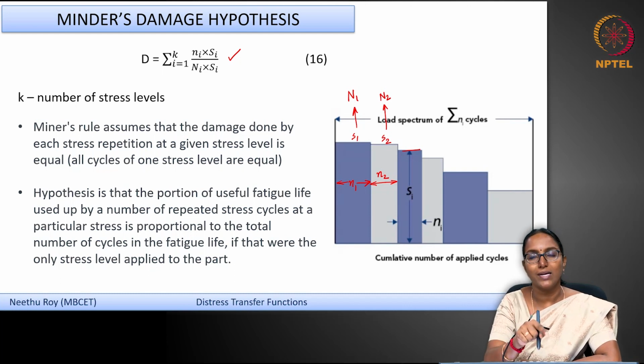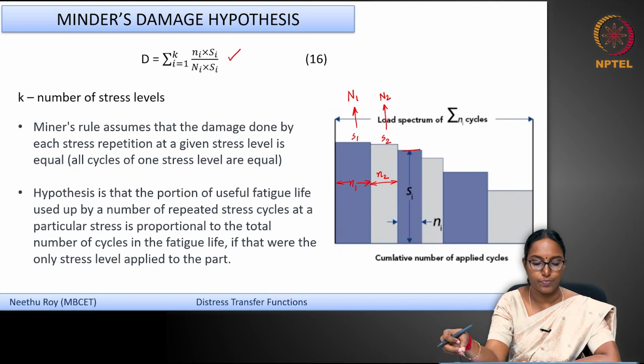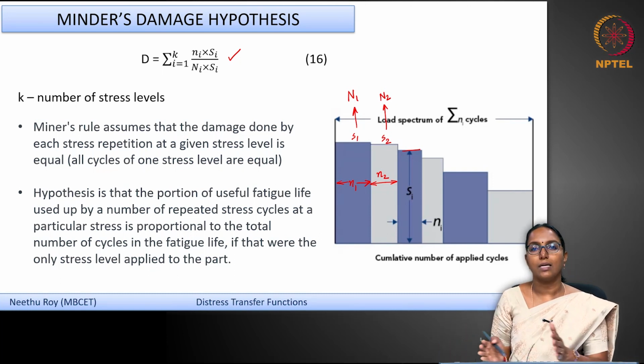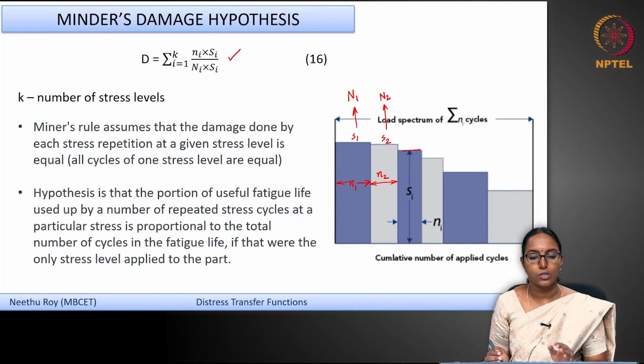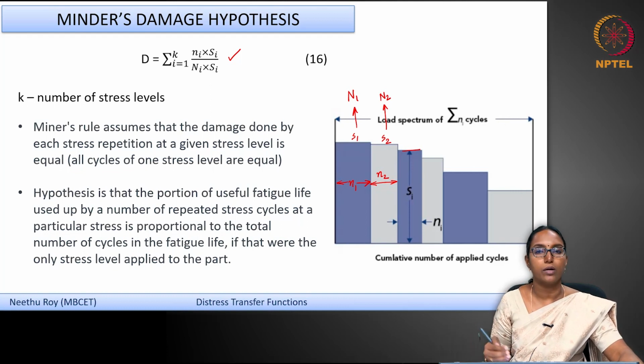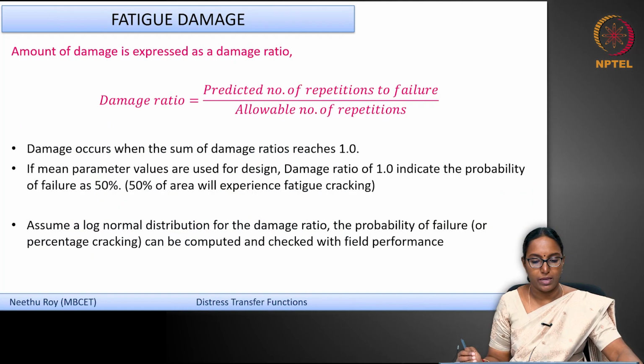If you have one stress level S1, whether it is applied for the first time or for the 10th time, the damage caused at each application remains the same. So, this hypothesis can be used to sum up the damage happening because of each of these load applications or each set of load applications.